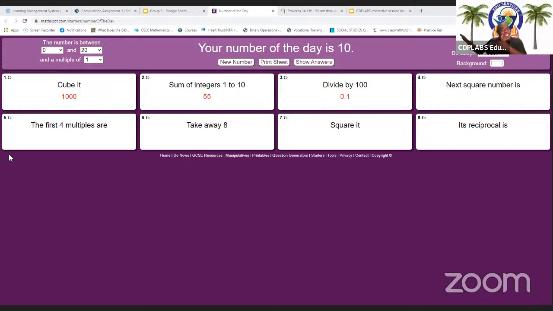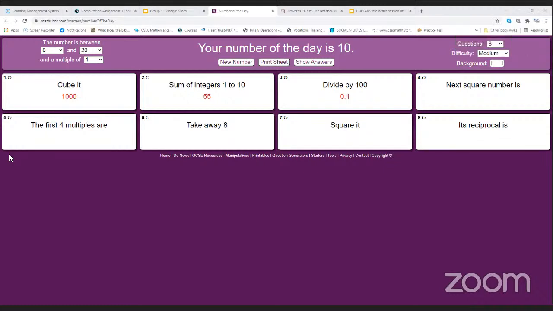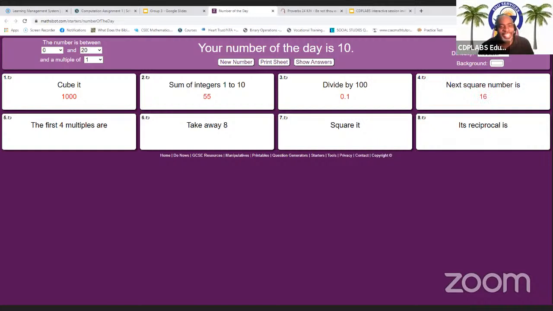It says next square number is... Talicia, go ahead. Sir, is it 16? It is 16. That's correct. For the benefit of those who don't know what a square number is, let me give you an idea.